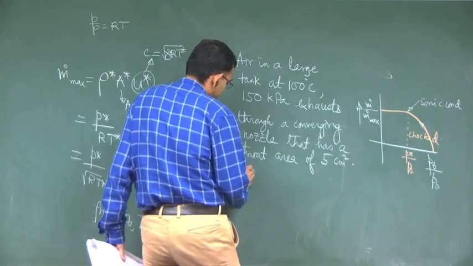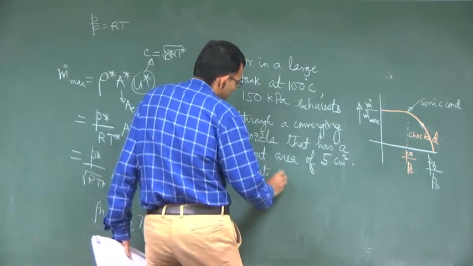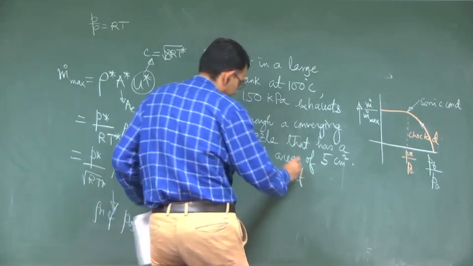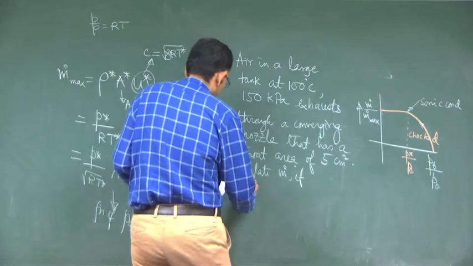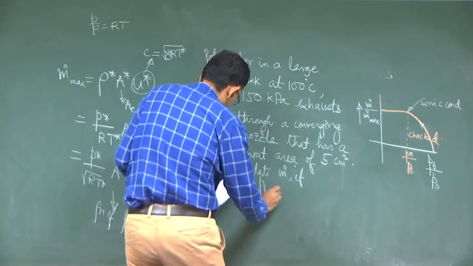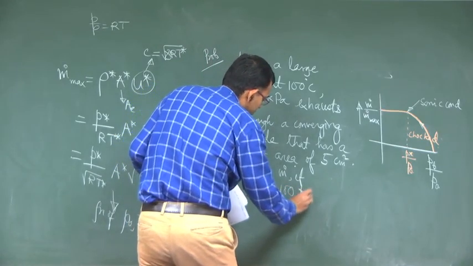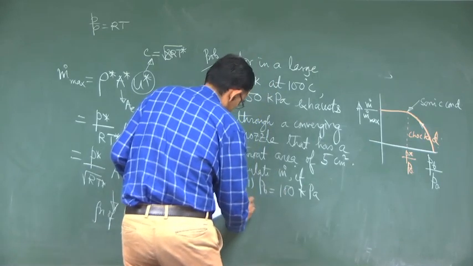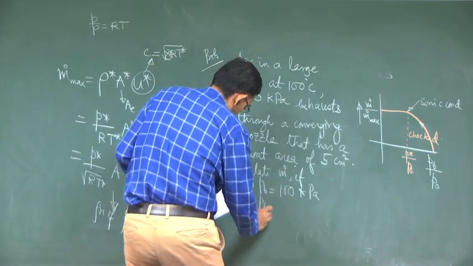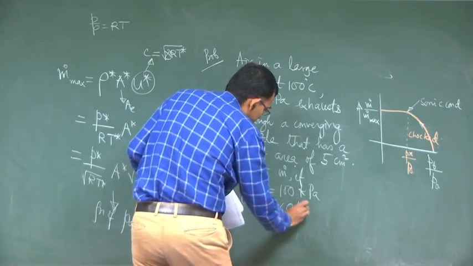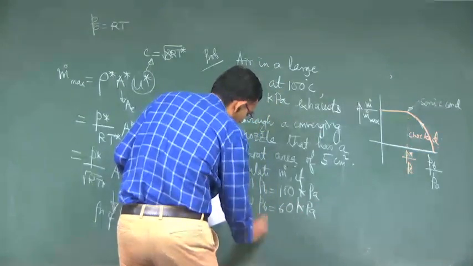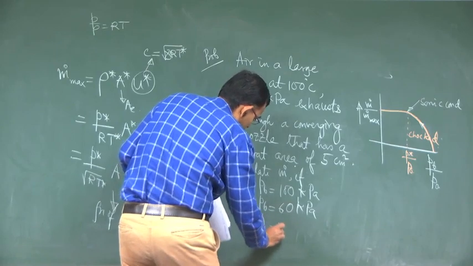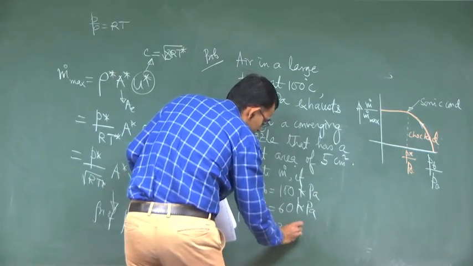Calculate m dot if Pb is equal to 100 kilopascal, Pb equal to 60 kilopascal and Pb is equal to 30 kilopascal.